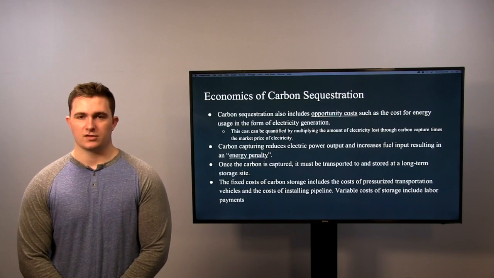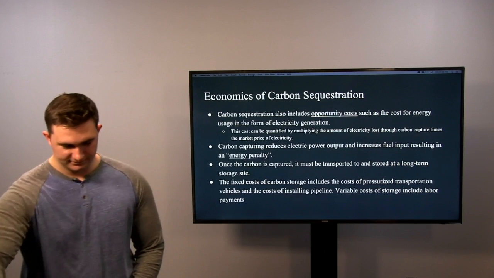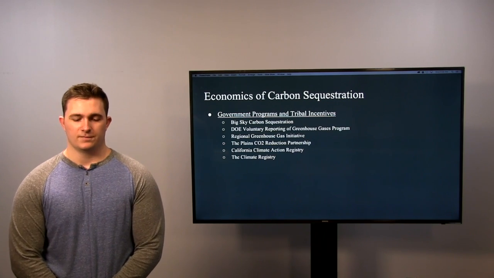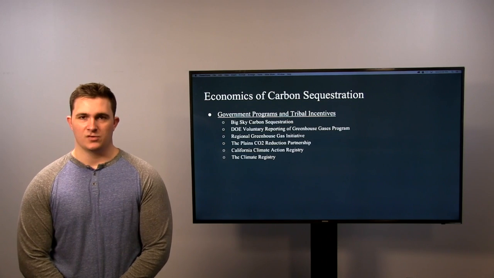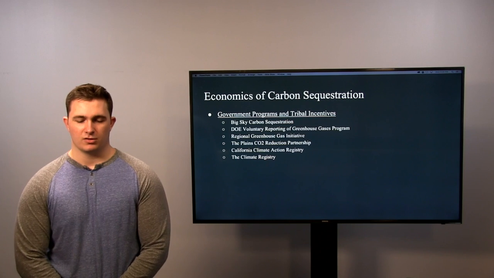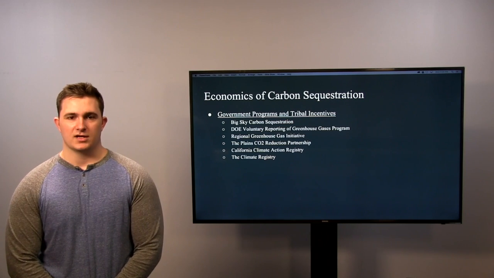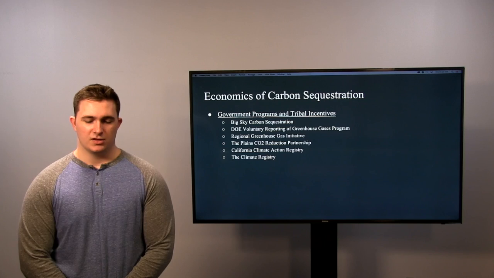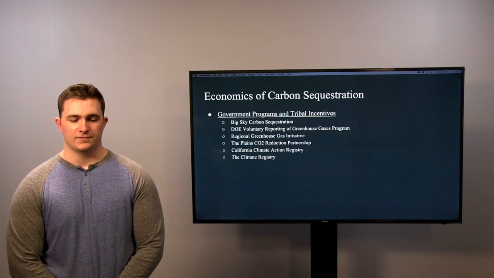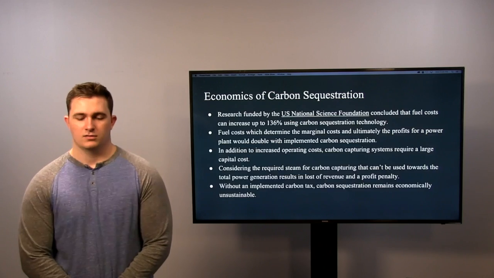Variable costs of storage include labor payments. The current government programs and tax incentives include the following: Big Sky Carbon Sequestration, DOE Voluntary Reporting of Greenhouse Gases Program, Regional Greenhouse Gas Initiative, the Plains CO2 Reduction Partnership, California Climate Action Registry, and the Climate Registry.